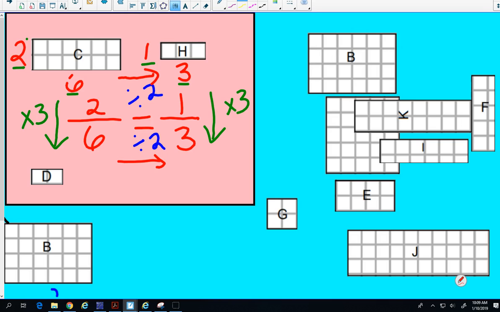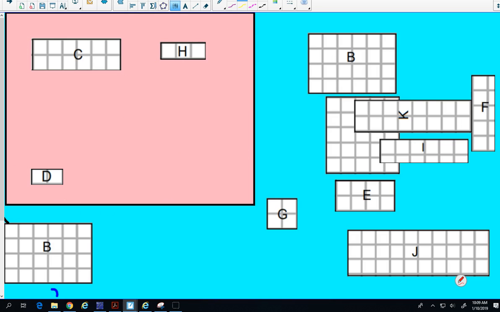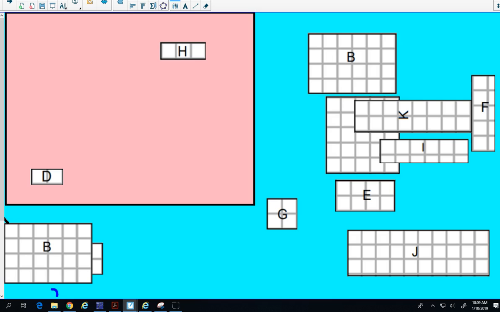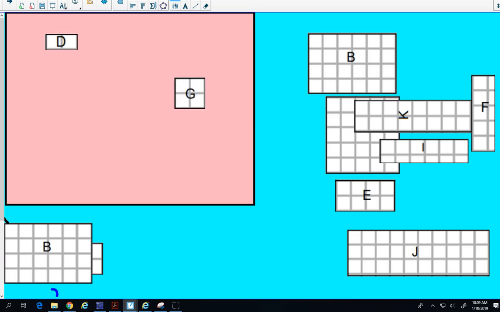Okay, so we're going to find the one that goes with D now. So we've used C and H. So now we have D. Which shape did you find is similar to D? Maya? G. She says G. Okay, why do you think it's G?